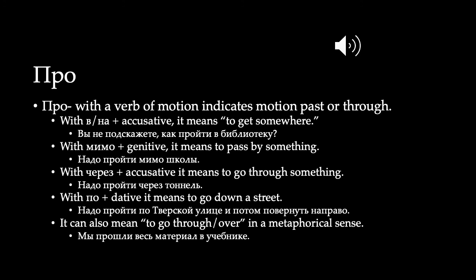You can also use it with по plus dative to mean to go down a street. For instance, надо пройти по Тверской улице и потом повернуть направо. You need to go down Tverskaya Street and then take a right. And пройти can also have this meaning of to go through or over something in a metaphorical sense. For example, мы прошли весь материал в учебнике. We went over all the material in the textbook.